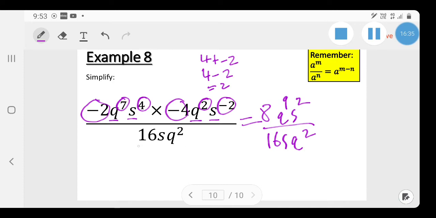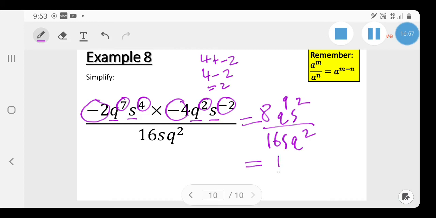And sometimes the expression on the bottom will look like the top as well, and you'll have to use the first index law on the top and the bottom before you can use the second index law, okay? All right, so now this is easy. 8 over 16, that's a half, right?